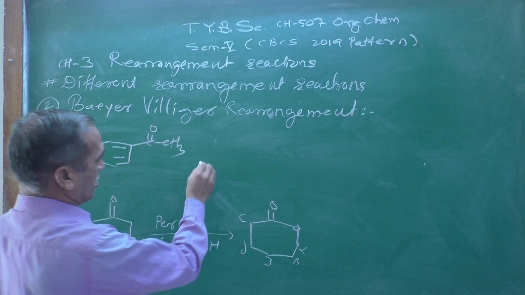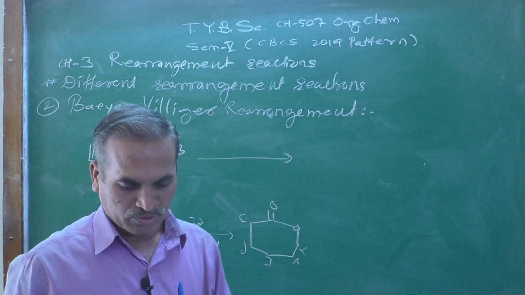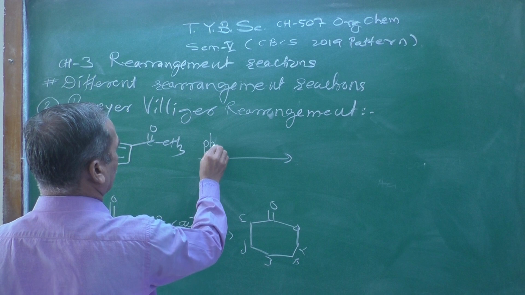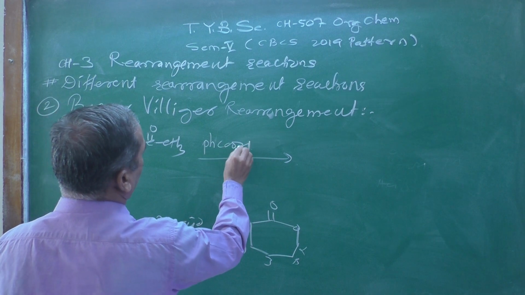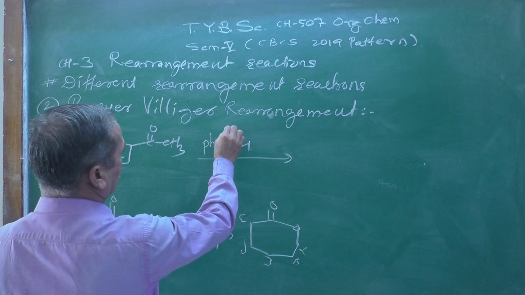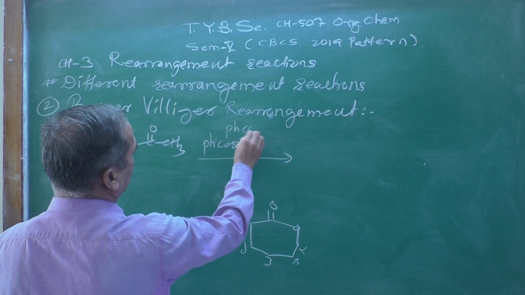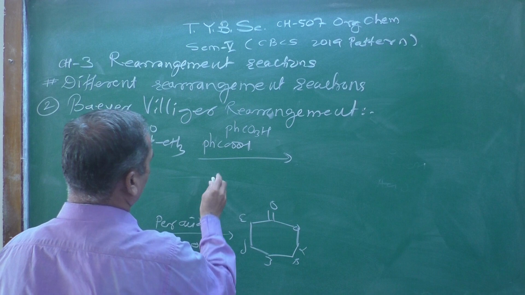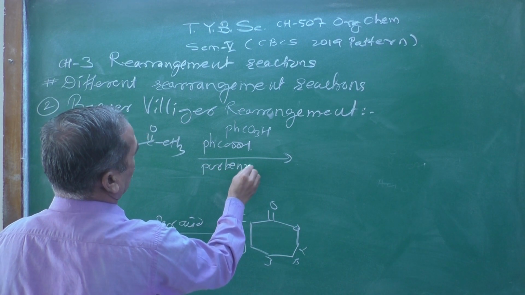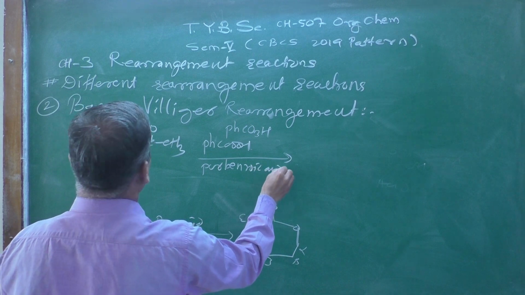This is the structure of acetophenone, and that acetophenone is further treated with PhCOOOH, with 3 oxygen atoms, or sometimes it is written as PhCO3H, that is perbenzoic acid.